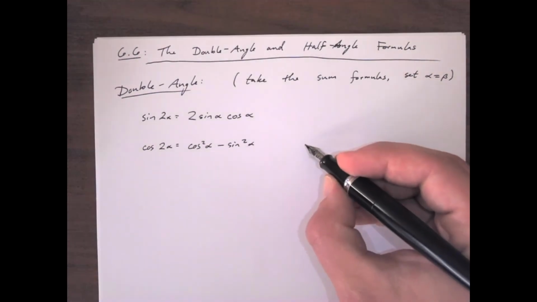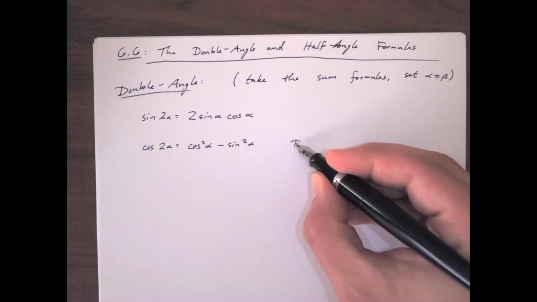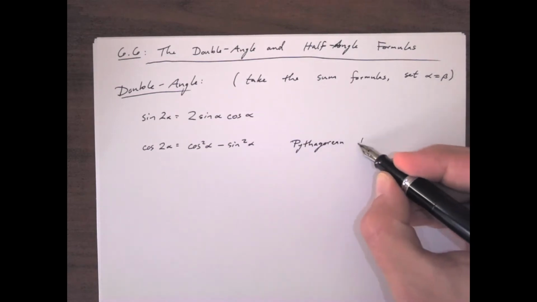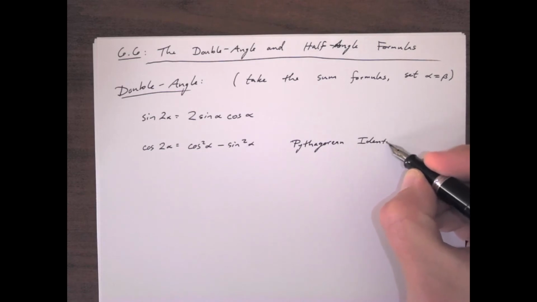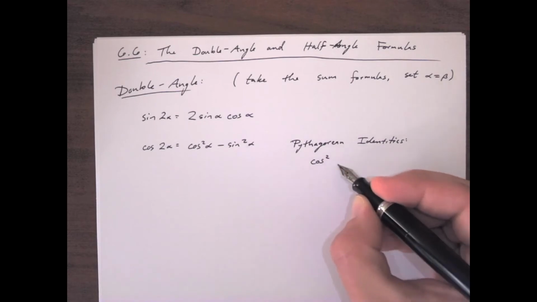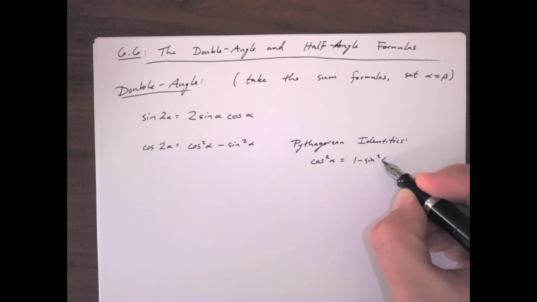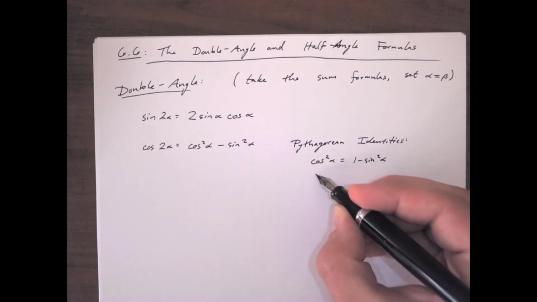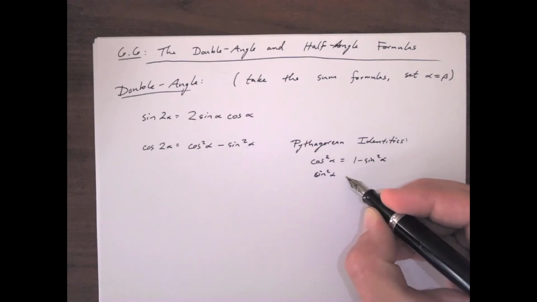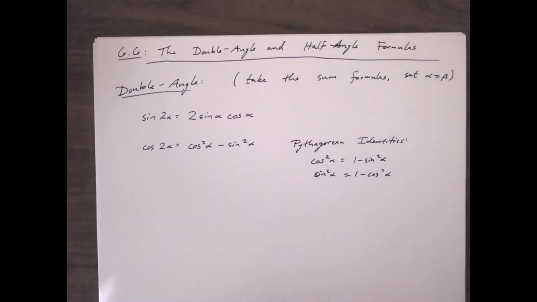The way we'll find the simpler versions will be the Pythagorean identities, which will allow us to replace cosine squared by 1 minus sine squared, and by the same token, sine squared can be replaced by 1 minus cosine squared.